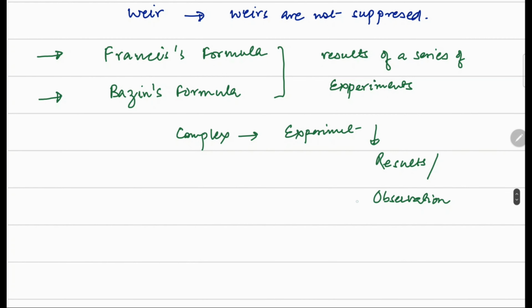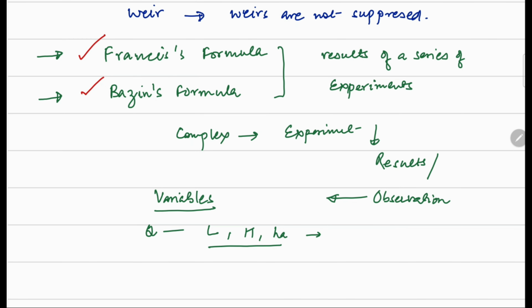Based upon our observations, we try to make a relationship between the variables which control the output. In this case, we look for the variables which control Q. So the variables would be L, H, Ha, such things, and then contraction. Based upon this strategy, these scientists have derived the formulas. These are very popular.